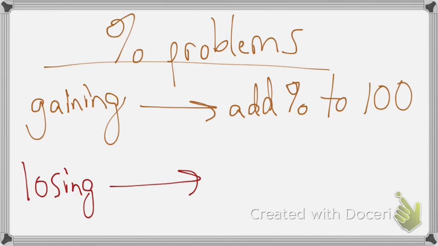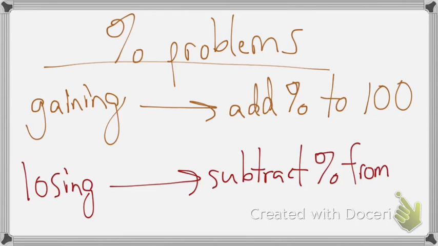Whenever you have a percentage problem, you're either getting something or losing something, or paying something. You might be paying interest, which means you're losing money because you have to pay someone. So if you're losing, you just subtract whatever percentage you're losing from 100. And remember, always multiply.